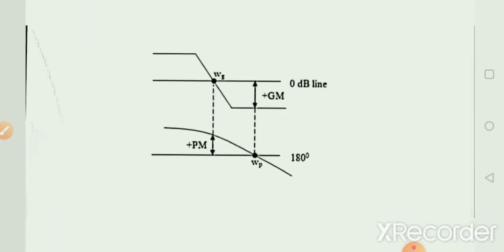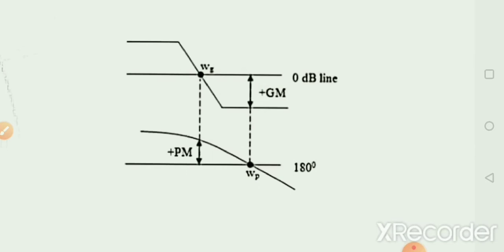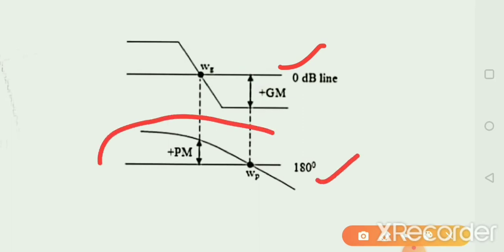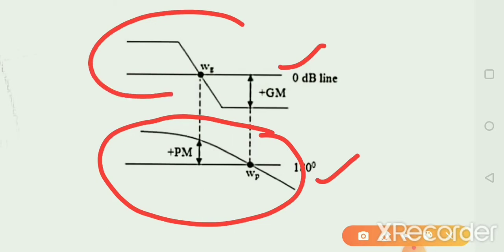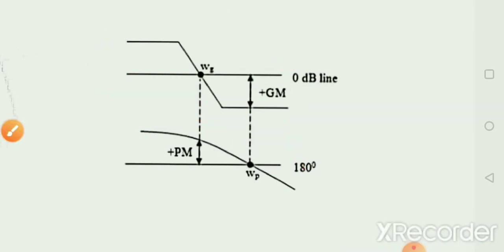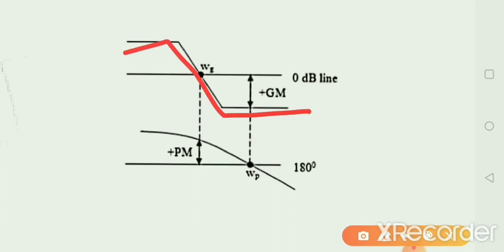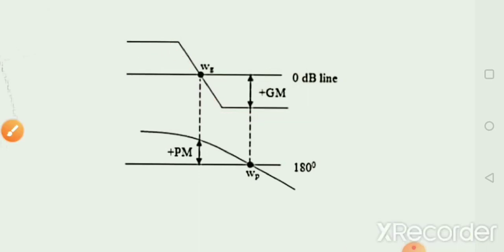We can see in this figure, here we have the 0 dB line and the 180 degree line. This is the phase plot and this is the magnitude plot. Suppose we have a magnitude plot like this. At which frequency it cuts the 0 axis, that frequency is omega g.